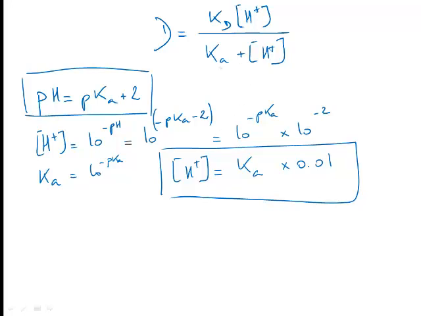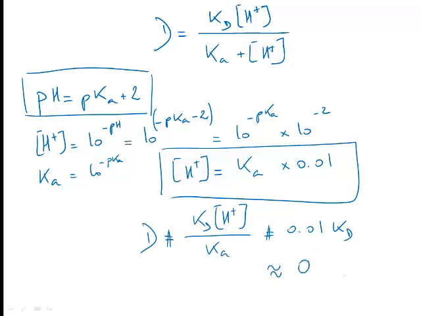So if I look at that original here, D, Ka plus H+, well, H+ is very small, and so D is equal to KdH+ divided by Ka. And that is basically about 0.01 Kd, so it's close to 0.